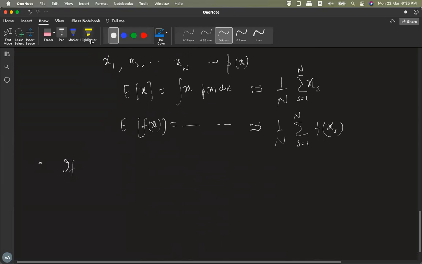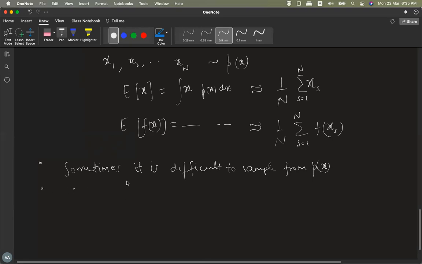Now the question is, sometimes it is difficult to sample from p(x).